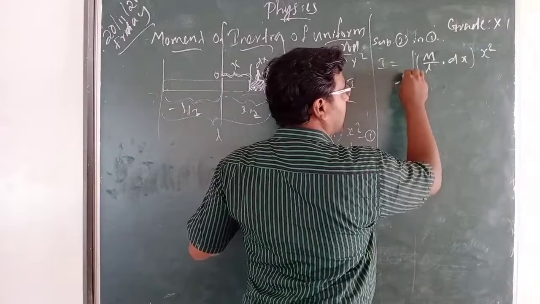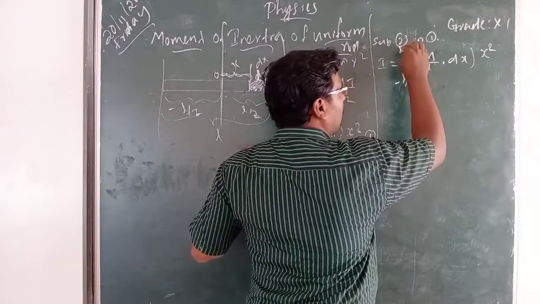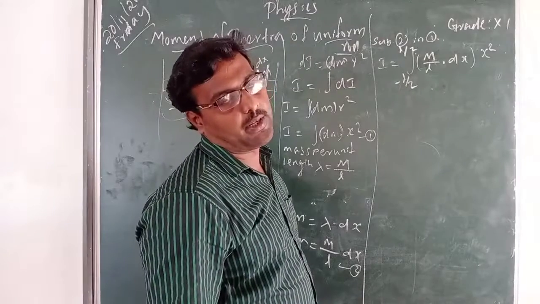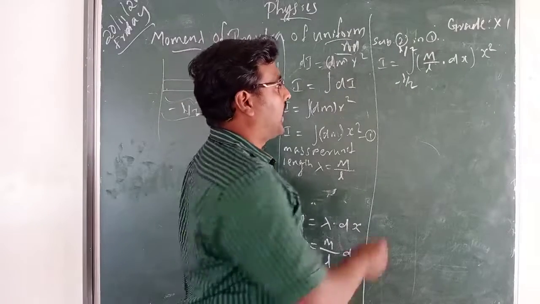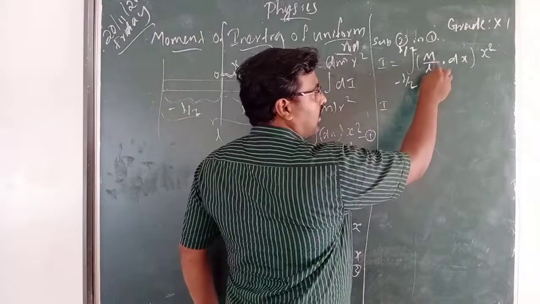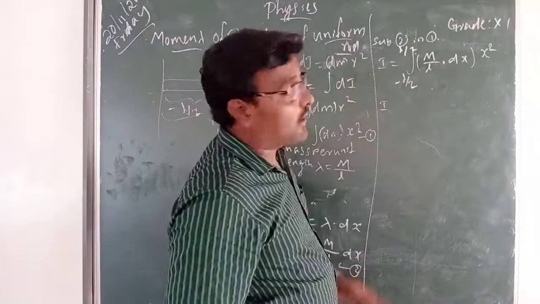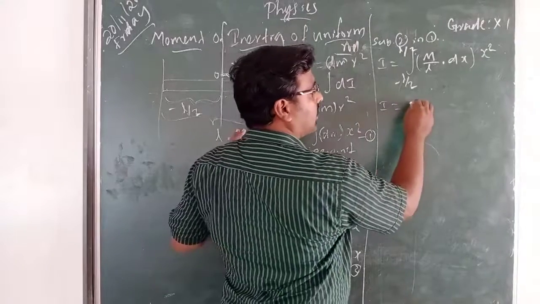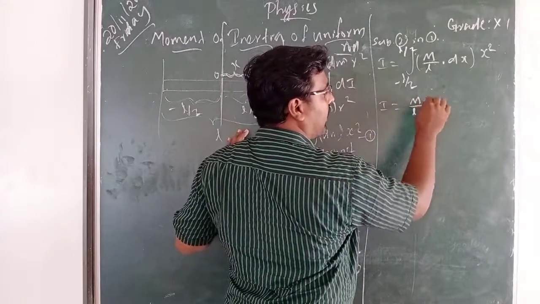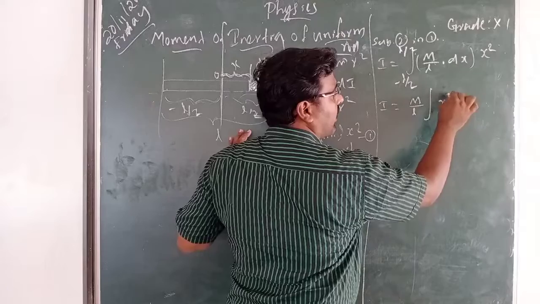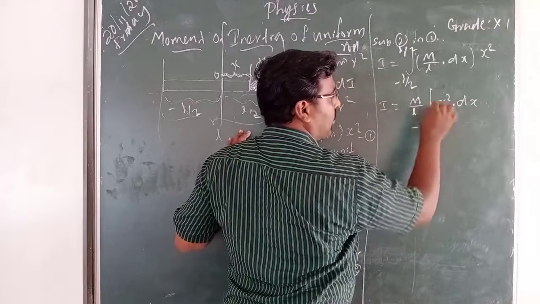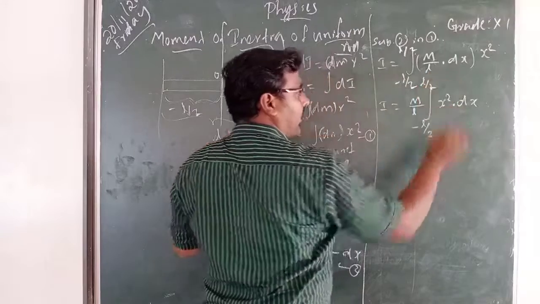So I is equal to, since mass and length are constant, take M by L outside, the integral of x square dx from minus L by 2 to plus L by 2.